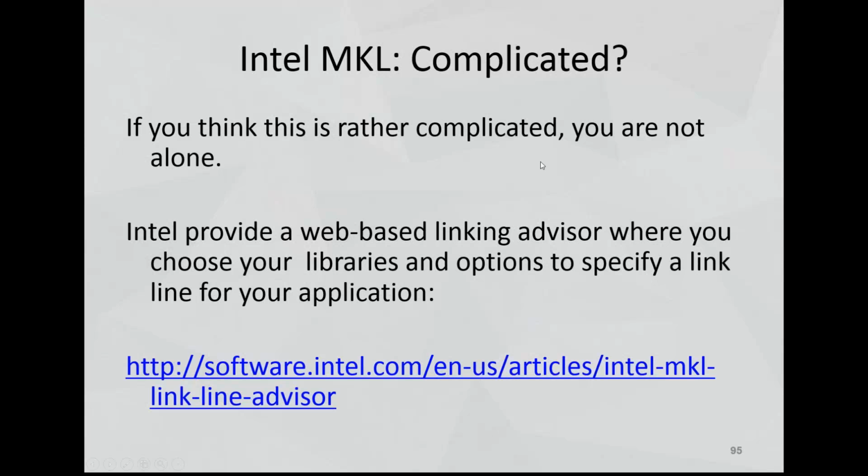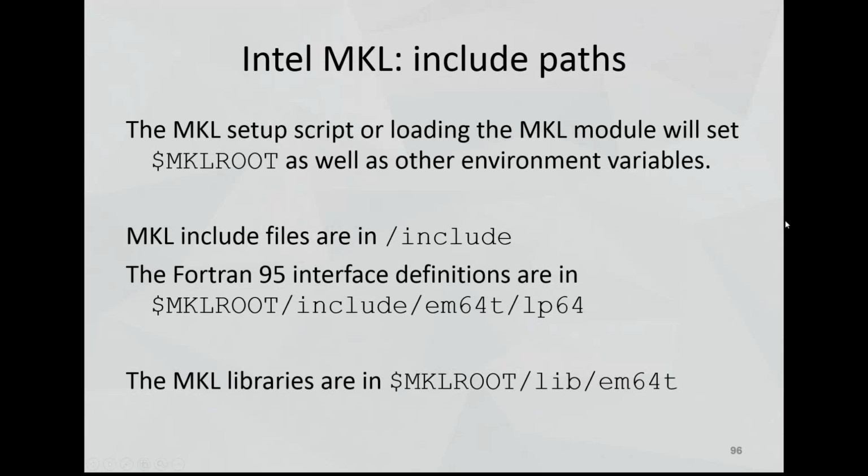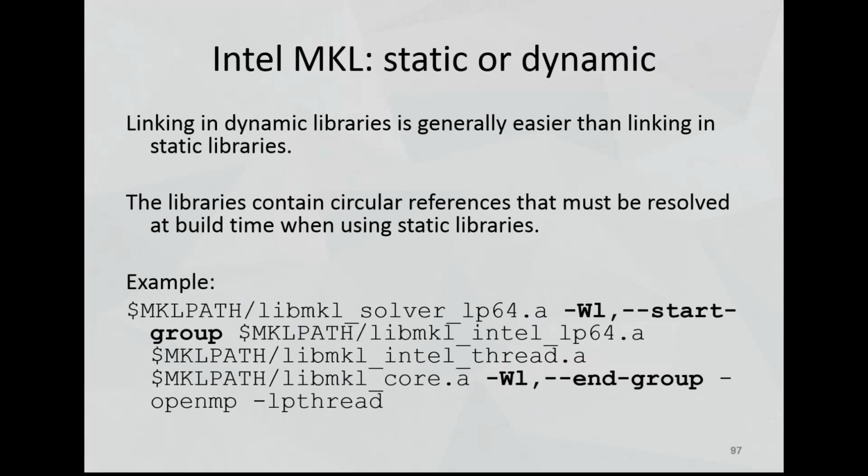So include paths. MKL setup scripts load everything for you. They're in the /include area. Fortran 95 is a little bit different. Lots of reading on these if you want to get familiar with them. So there are 2 different ways of linking this, of course.